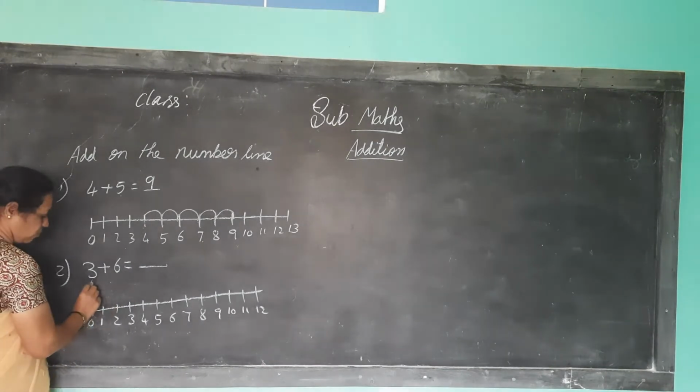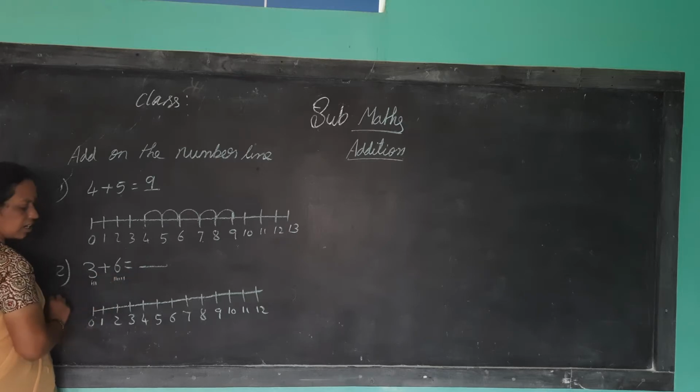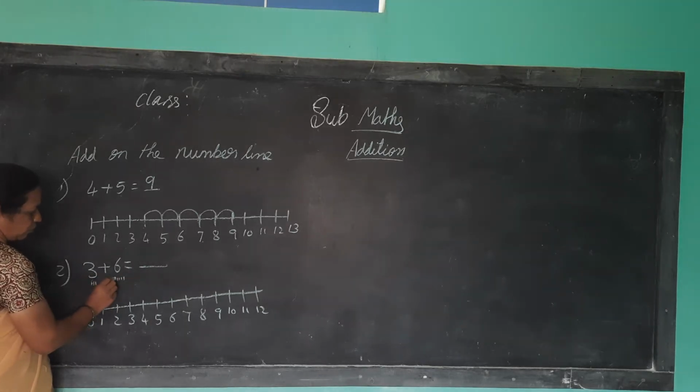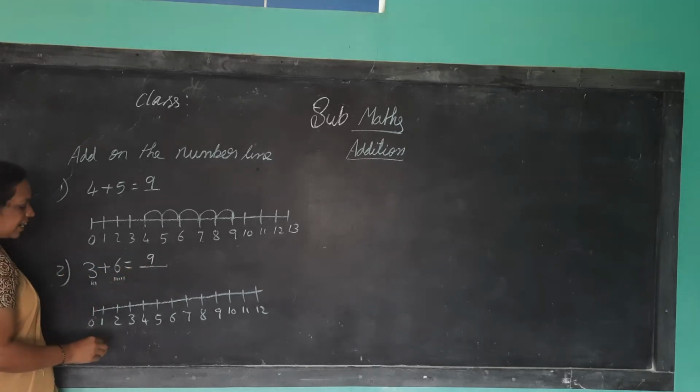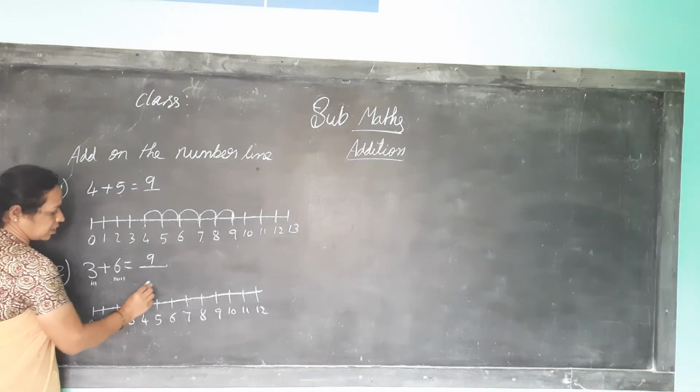See, 1, 2, 3. Here 6: 1, 2, 3, 4, 5, 6. Count all together: 1, 2, 3, 4, 5, 6, 7, 8, 9. 3 plus 6 is how much children? 9.